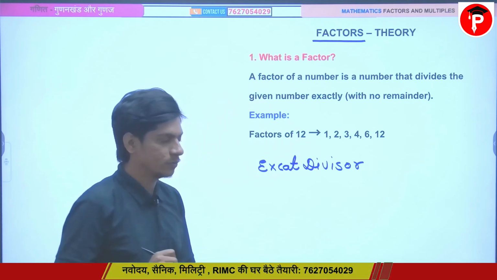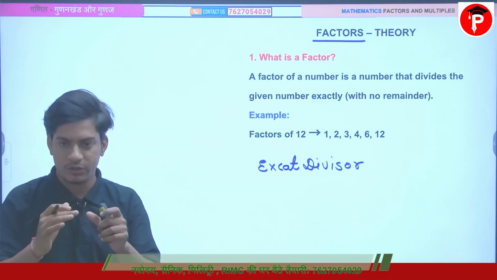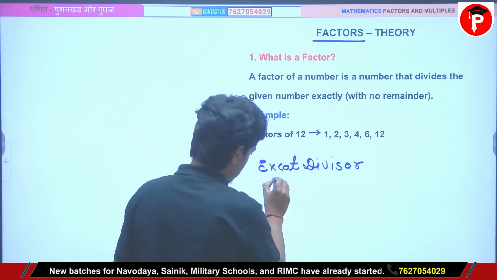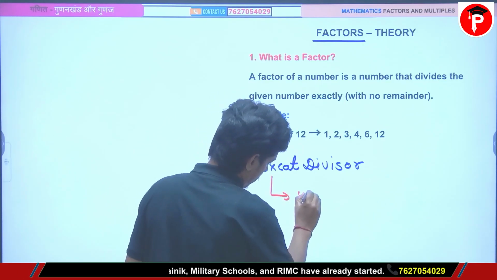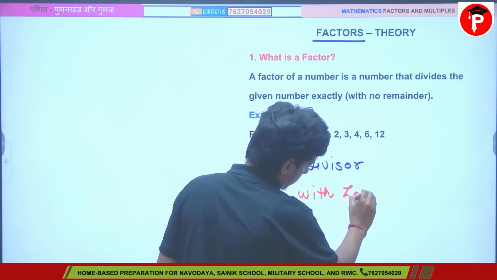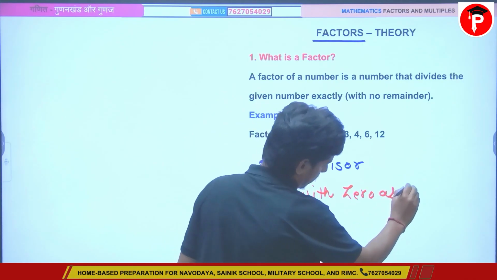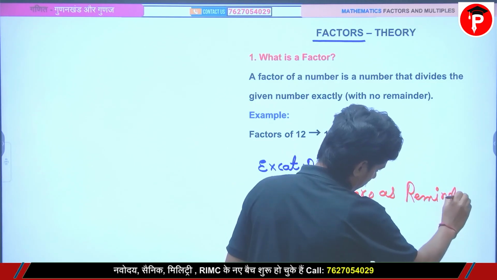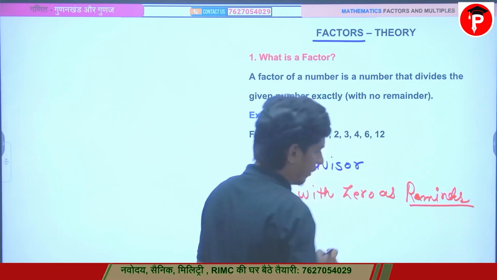What is the meaning of exact divisor? Students, the meaning of exact divisor is a divisor with 0 as remainder of any number.